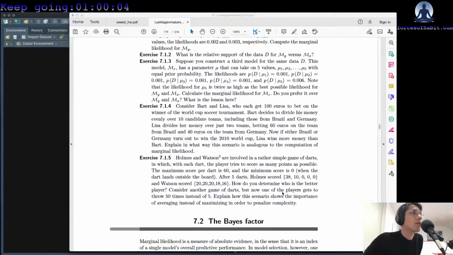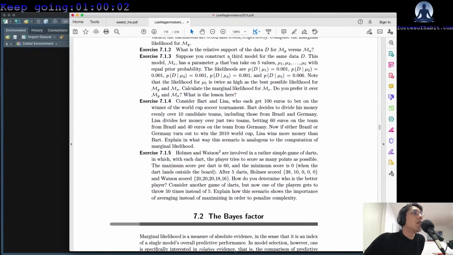Okay, let's see. A third model for the same data. Model Z has a mu that can take on 5 values. Here are the likelihoods, twice as high as the best possible likelihood.